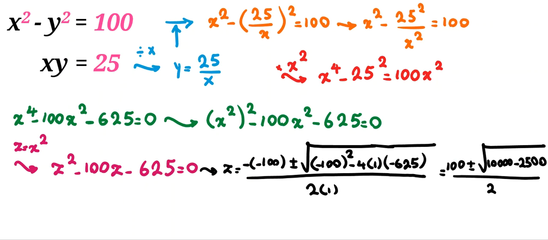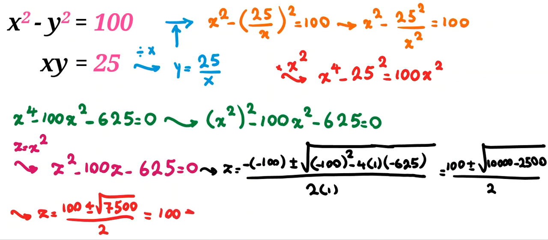So if we simplify, we can conclude that z equals 100 plus or minus the square root of 12,500, all over 2.